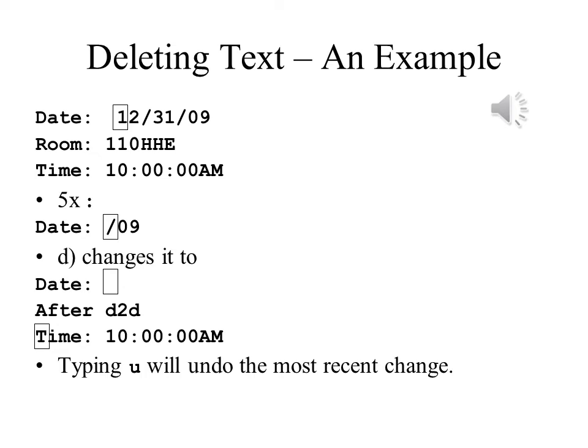If I then write D close parenthesis, it will take away everything else after the word date and the colon. If there's anything left and I write D2D, it will delete two lines, the line the cursor's on as well as the line afterwards. And typing U will undo the most recent change. I can type it additional times in many instances to undo earlier changes as well.